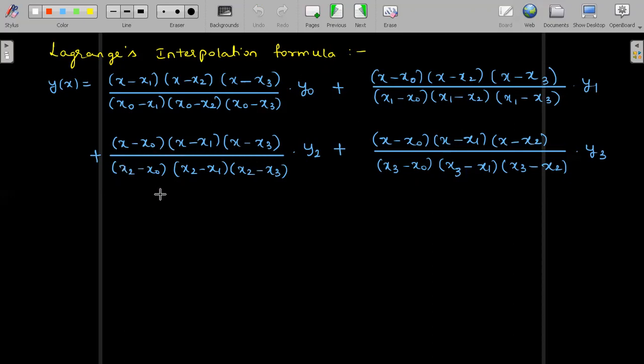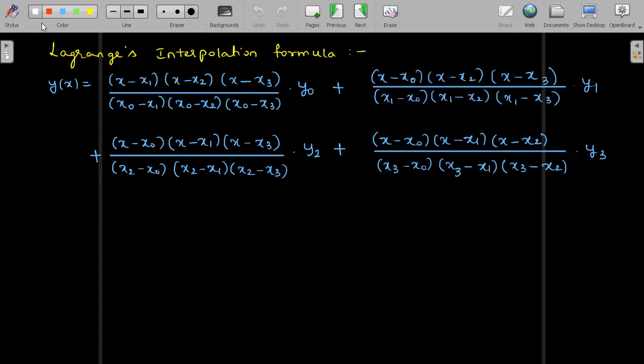Each of the denominators should be subtracted from x2, hence the multiplier is y2. And the fourth term, numerator, x3 should be skipped, and hence each of the denominators should be subtracted from x3. Multiplier is y3. So since we have 4 sets of data, we have 4 terms in the formula.